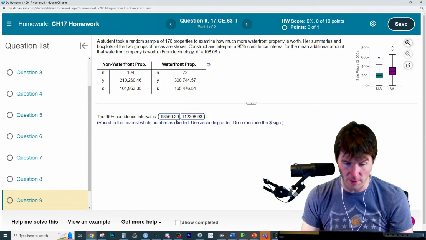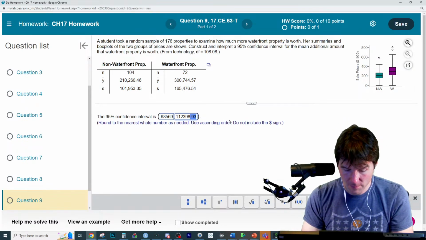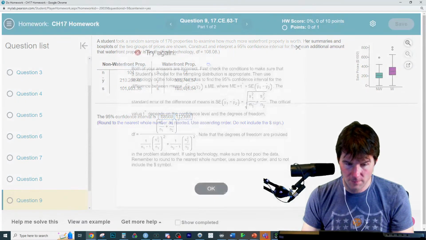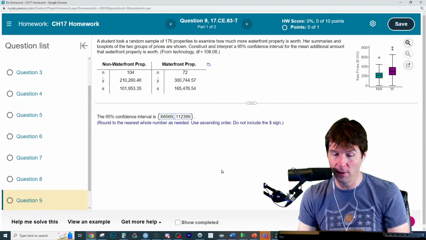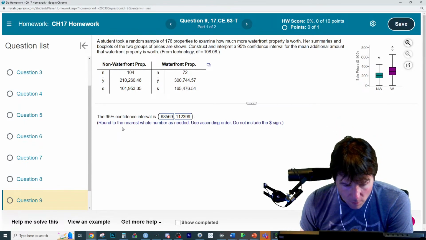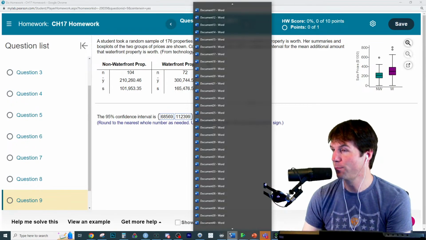Round to the nearest whole number. Oh my. Uh-oh. Round 95% comfortable. I think it might even change the question if I change it.